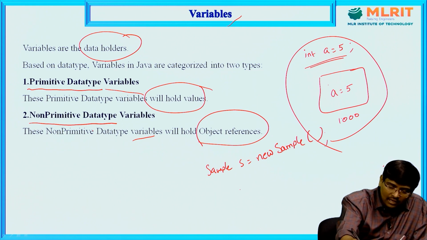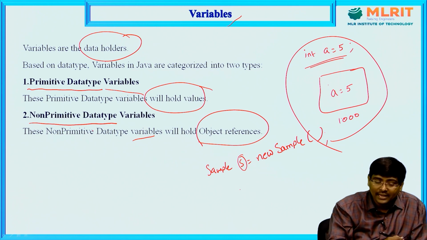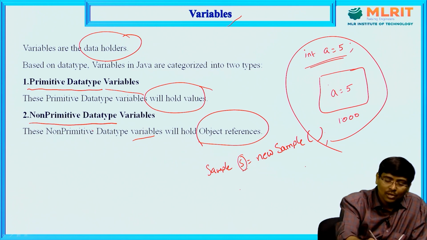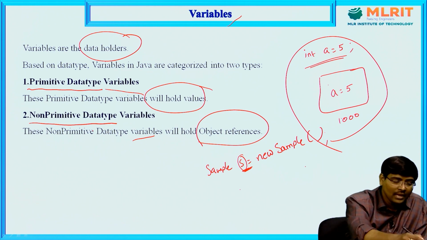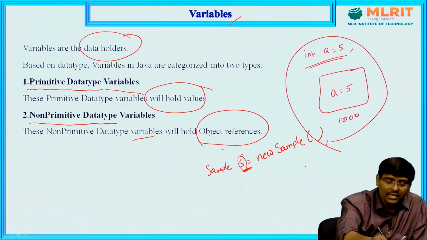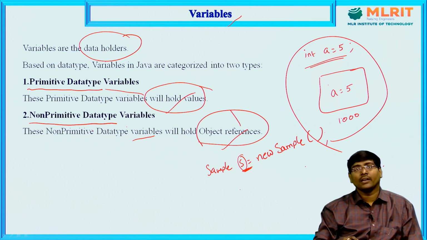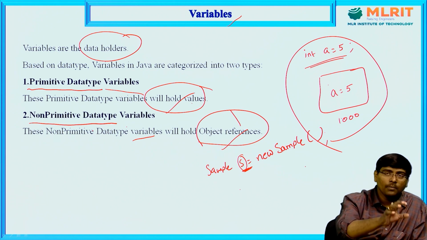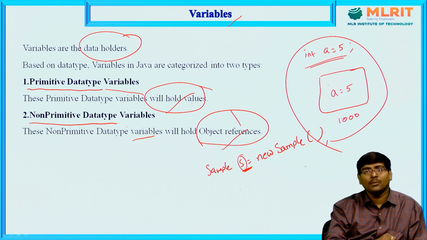Here we are creating an object s. So, this object will hold the address. Non-primitive data types will hold the object references. Primitive data types will hold normal values. This is the categorization of data type variables.